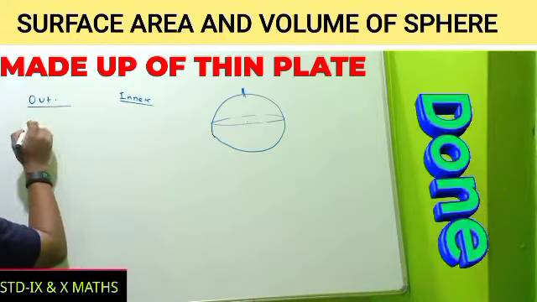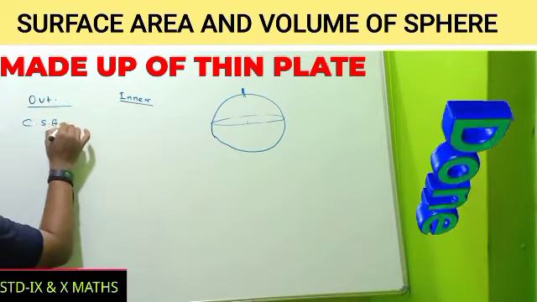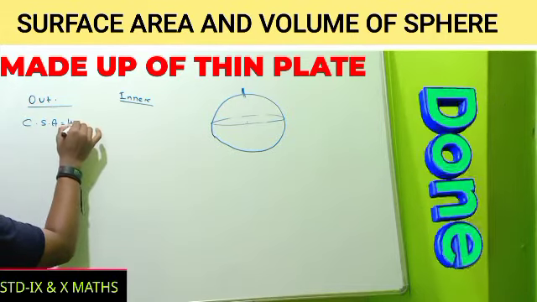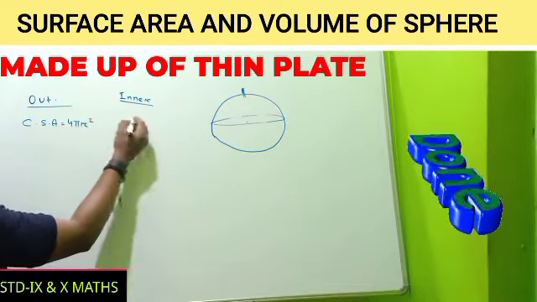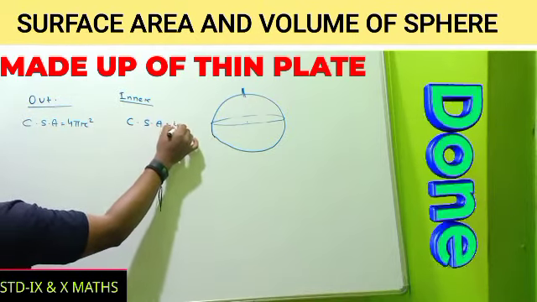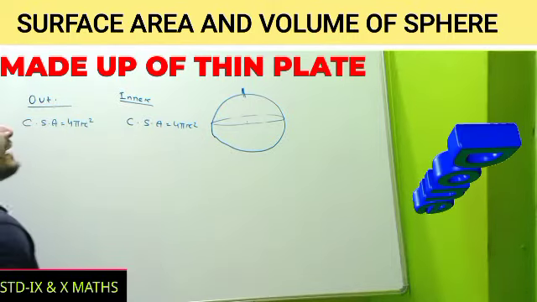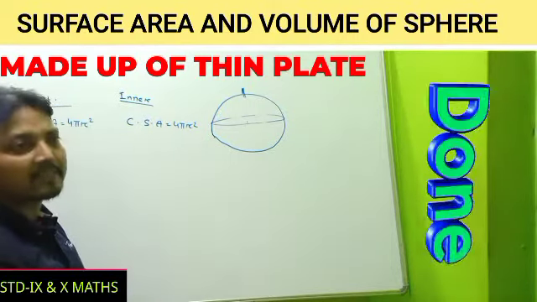And here the outer curved surface area is 4 pi r square. Also the inner curved surface area is the same, 4 pi r square.